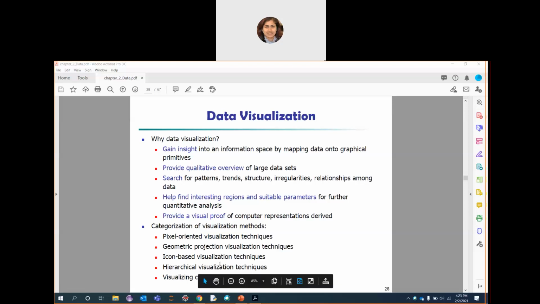Data visualization actually aims to communicate data clearly and effectively through graphical representation. It can be used extensively in many applications. Let's say at work, you may use it for reporting, managing business operations, or tracking progress of tasks.